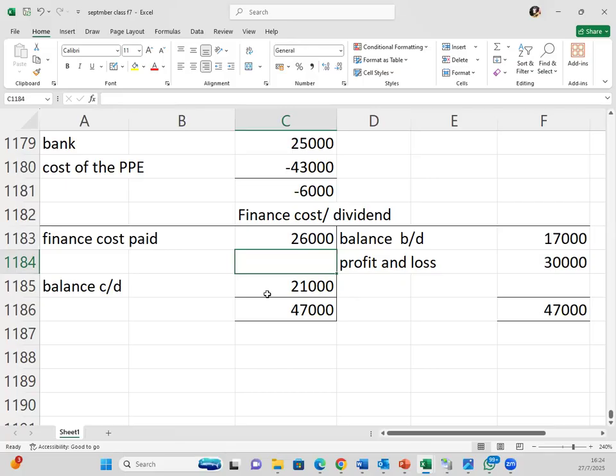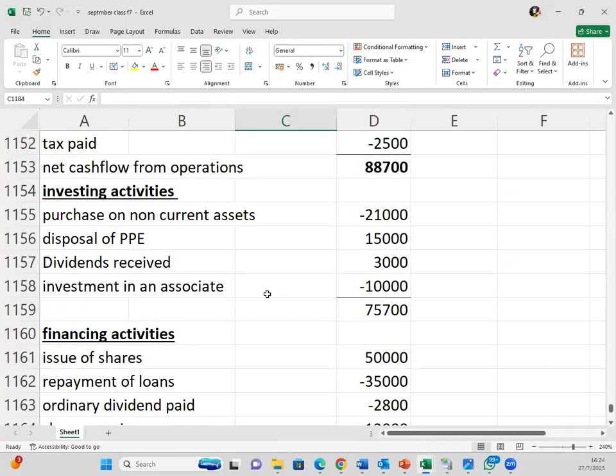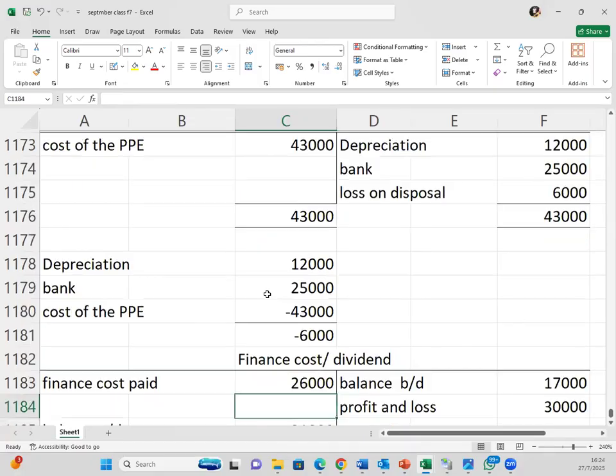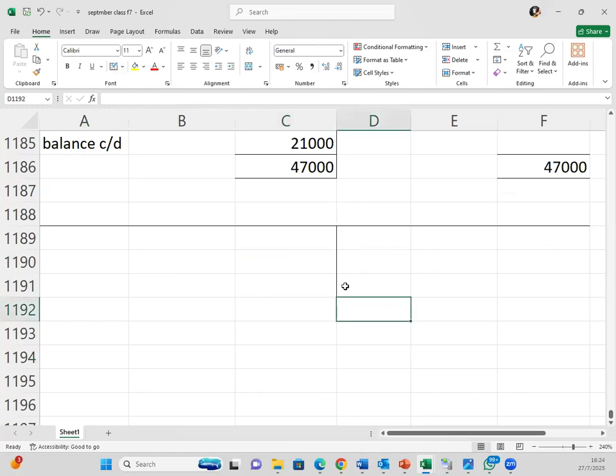Now let's move on. Besides the finance cost, we also have tax. The issue with tax is that we might have deferred tax. Again, it is balance BD this side.